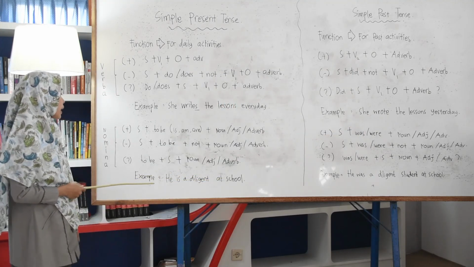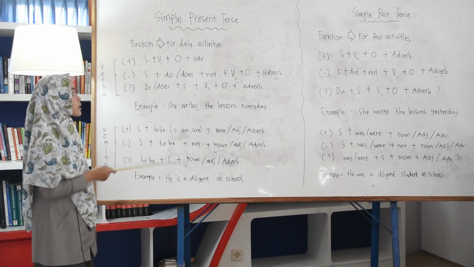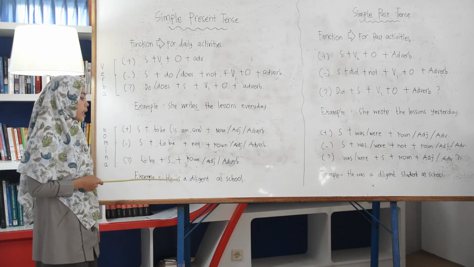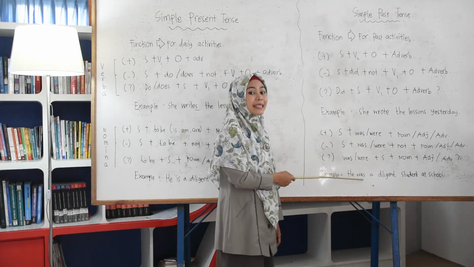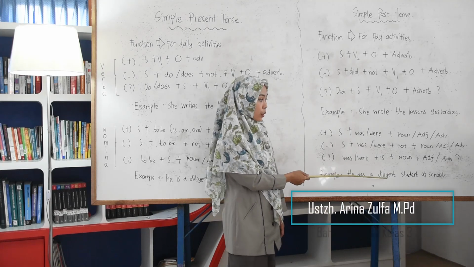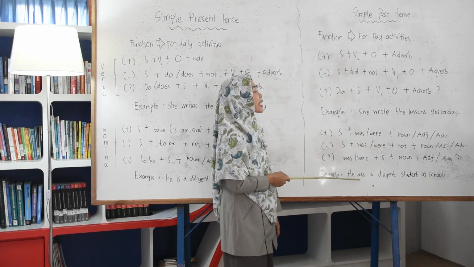And here, in the nominal sentence, here using is because this is simple present tense. He is a diligent student, and in the simple past tense, he was a diligent student because was is a kind of past tense.